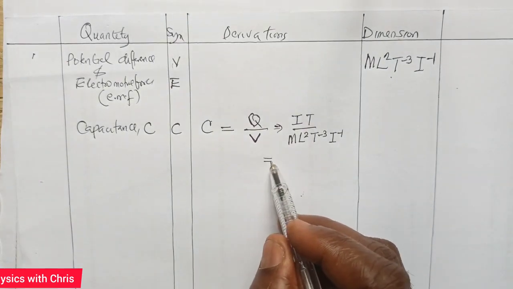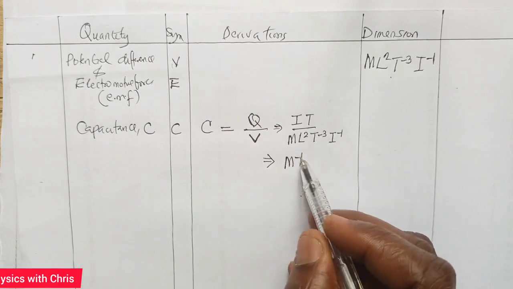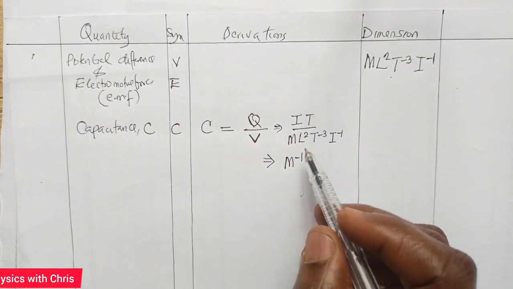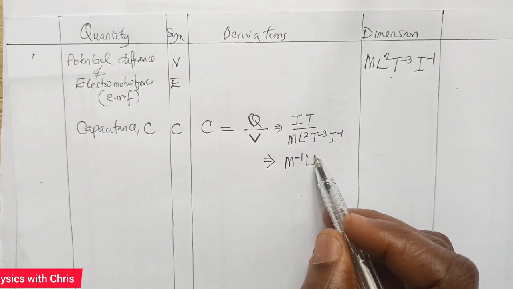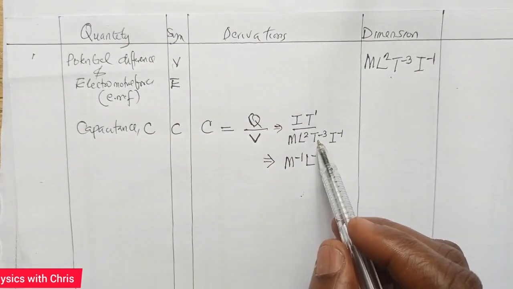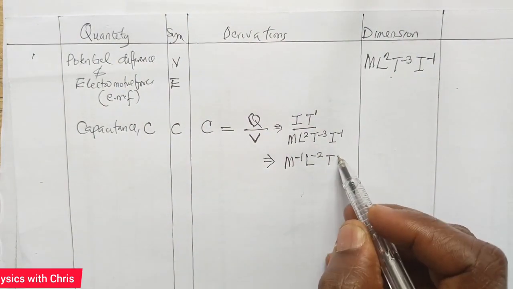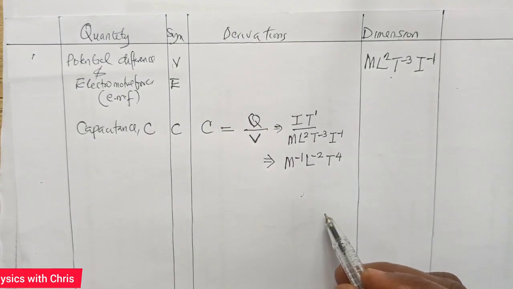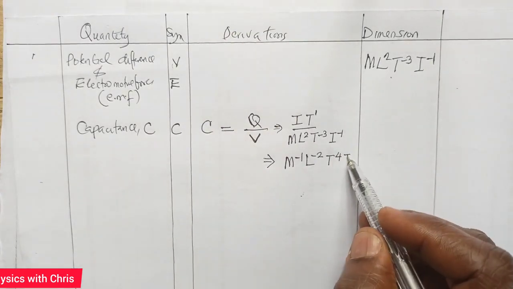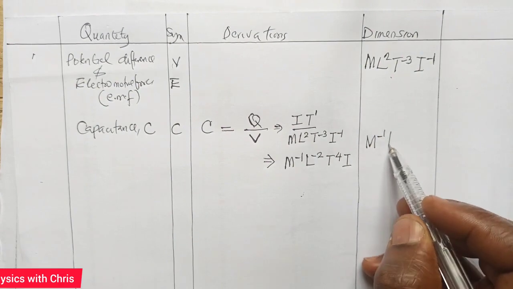So, when I use the laws of indices to evaluate this, my M becomes M minus 1 when it goes up. Now this L becomes L minus 2 when it goes up. Now this is T raised to power 1 divided by T raised to power minus 3. That gives me T raised to power 4 as a dimension, and then this one gives me times I. So that gives the dimension of capacitance.